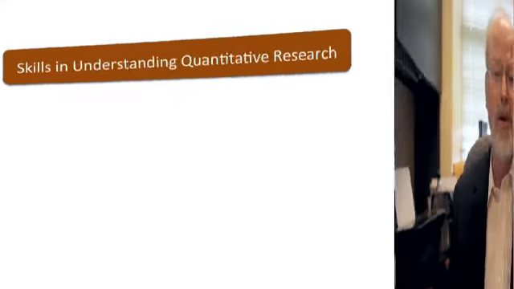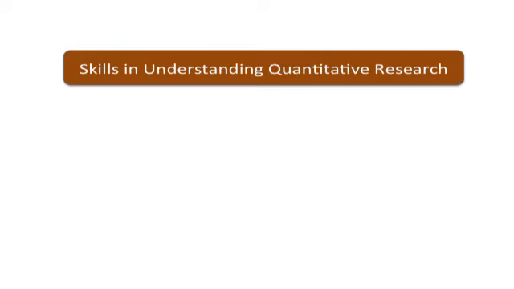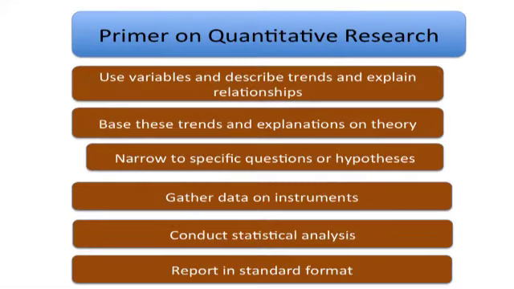So in order to do good mixed methods research, a person needs a good foundation in quantitative research. I put together some of the key elements of doing a good quantitative study. First of all, variables are central to doing this type of research. You identify your variables and use those then to describe trends and general relationships. Often these trends and explanations are based on some larger theory, some larger explanation.